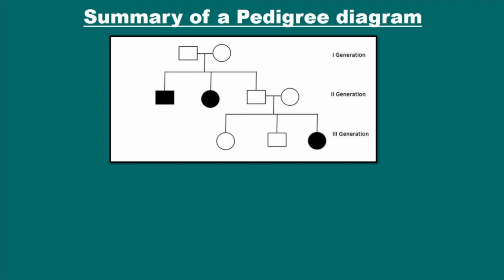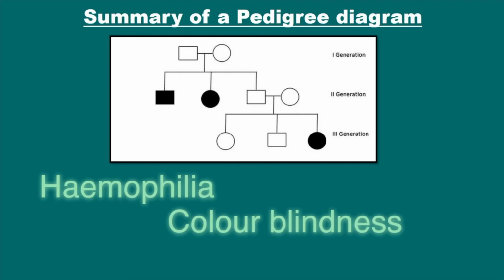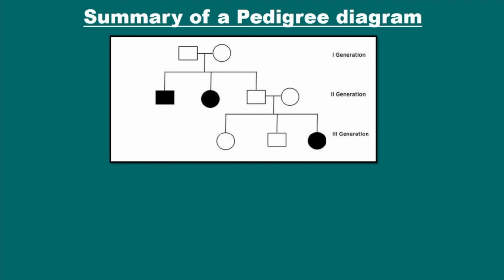There's only in 2 incidences where it will be sex-linked. That's with hemophilia or color blindness. Otherwise, I have to state to you if it is a sex-linked diagram. But in this case, it was just deafness and nothing was said about sex-linked.